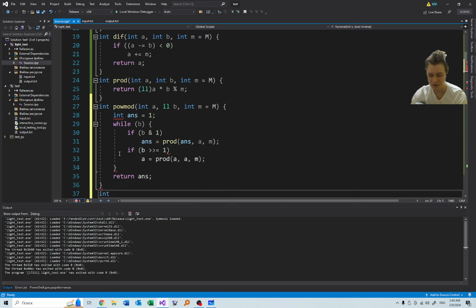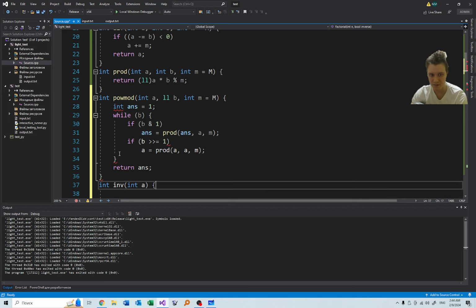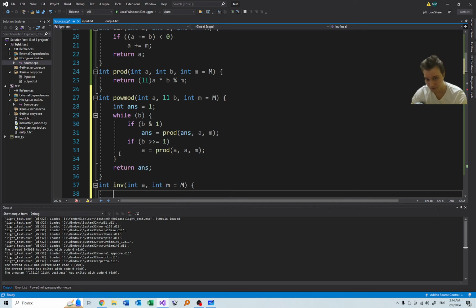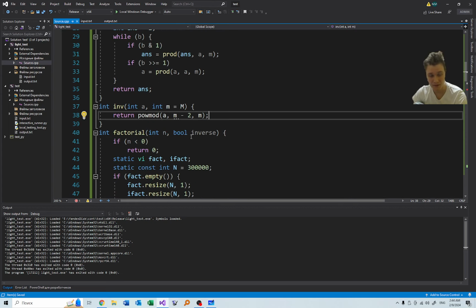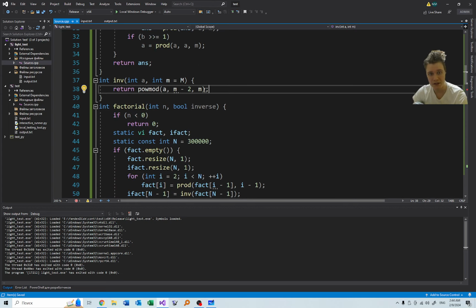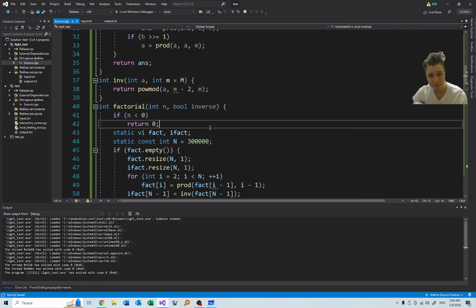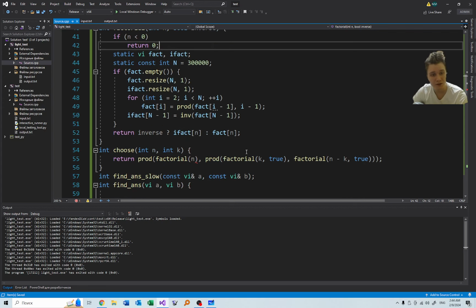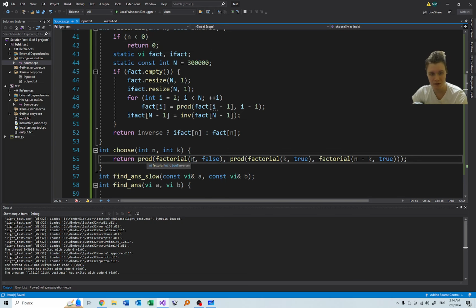Then I need to find inverse modulo m, and this is simply return power mod of a, m minus 2, and m. I really use that m is prime, but I can do it. Here I use false.